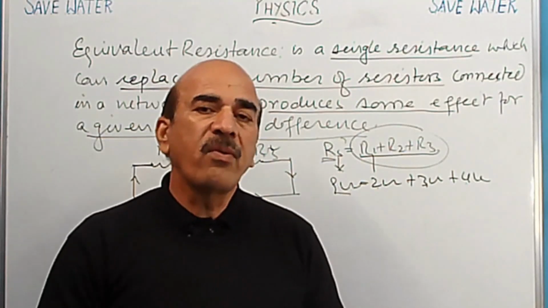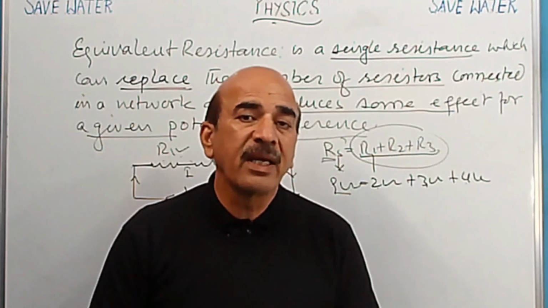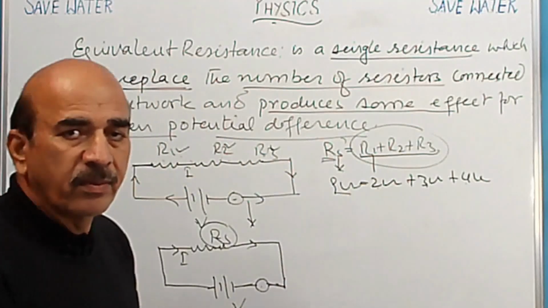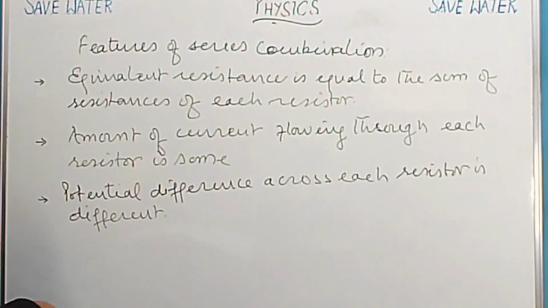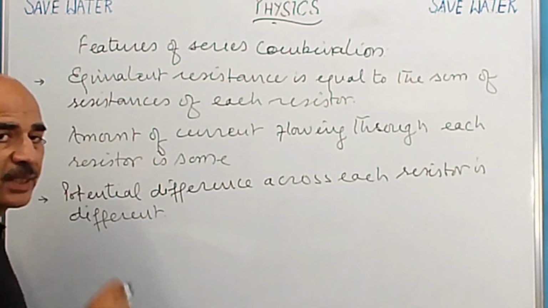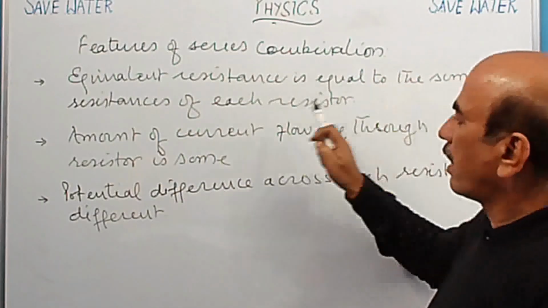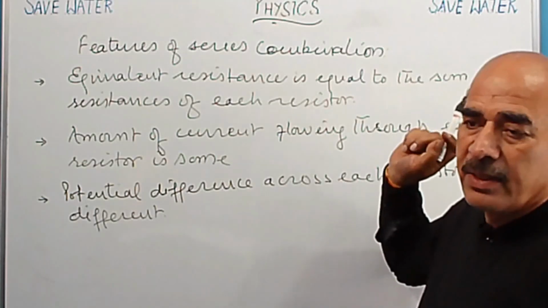Yes. So now we are going to discuss this disadvantage and advantage of using series combination. Okay, may I write it down? Now some features of series combination here. So in series combination देखिए ये हमने पढ़ा था कि equivalent resistance is equal to the sum of all the resistances connected in series.